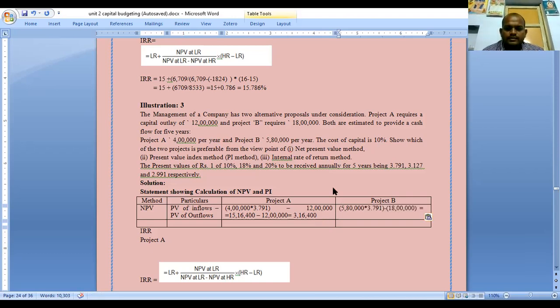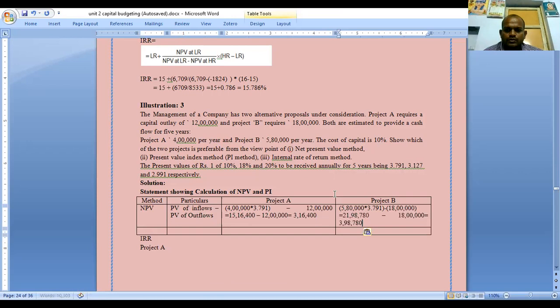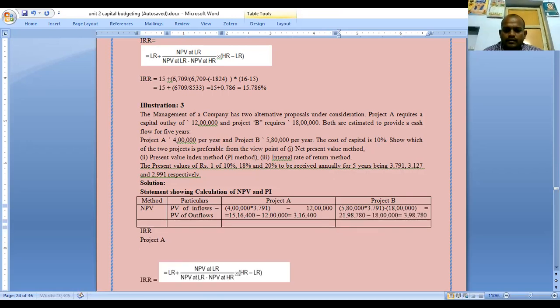So present value of inflows minus present value of outflows. So it comes around 3,98,780 as NPV.